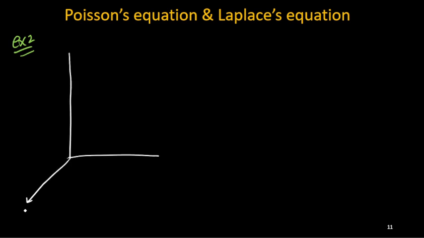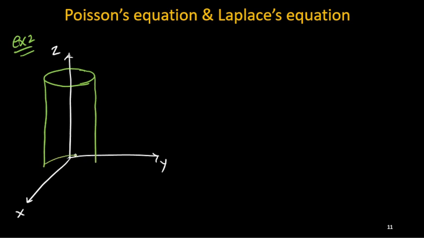This is the rectangular coordinate system, this is x, this is y, and this is z, but we will consider cylinders. One cylinder is like this, and it's a long cylinder.